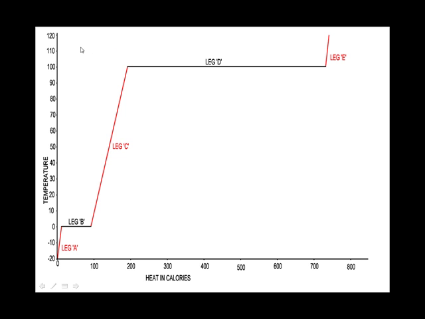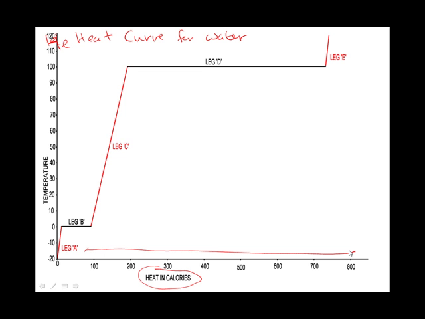As you can see, liquid water is the hardest to raise the temperature of, and gaseous steam is the easiest. So let's take a look at this heat curve for water again. Actually, before we get into water, let's look at the axes. The x-axis is heat in calories: a small amount of calories and a large amount of calories. As you read this curve from left to right, you are adding heat.